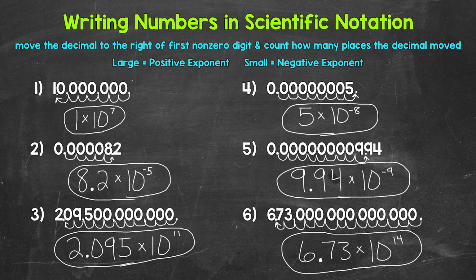For number 4, 5 times 10 to the power of negative 8. For number 5, 9.94 times 10 to the power of negative 9. And lastly, for number 6, 6.73 times 10 to the power of 14.